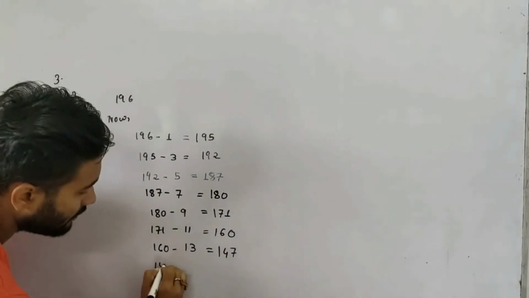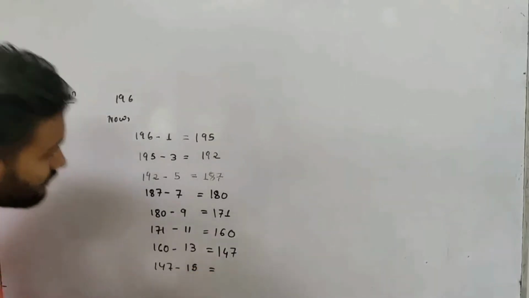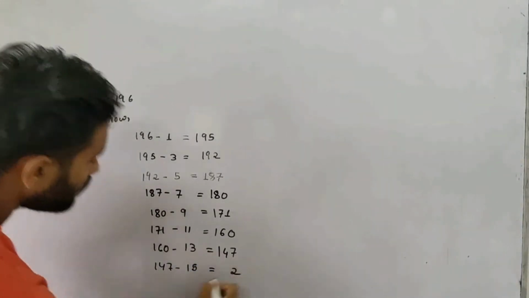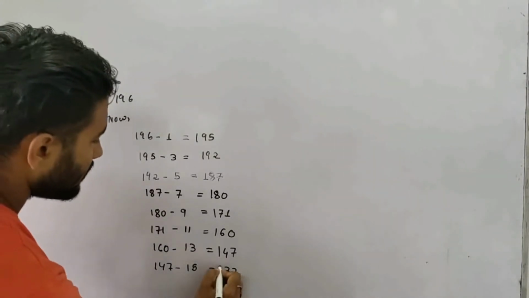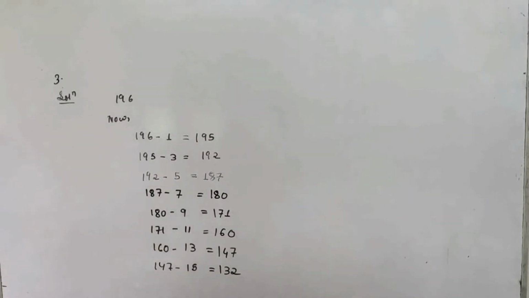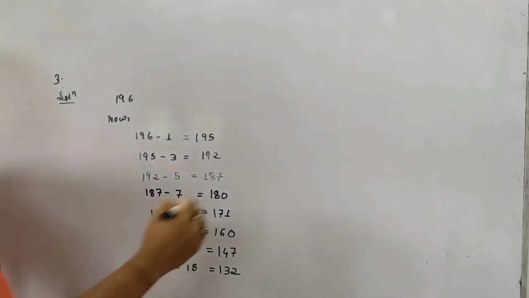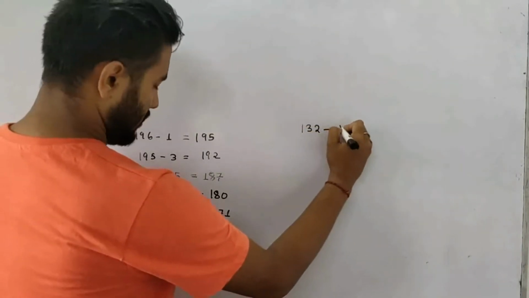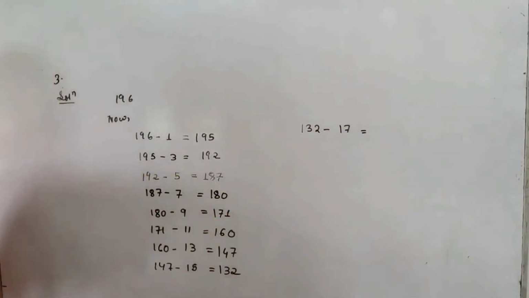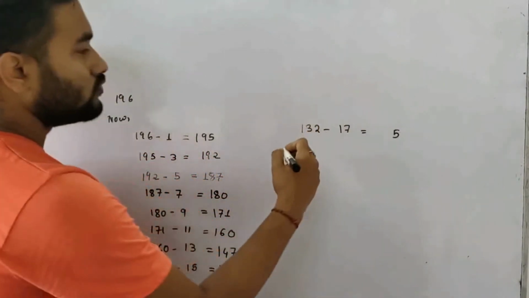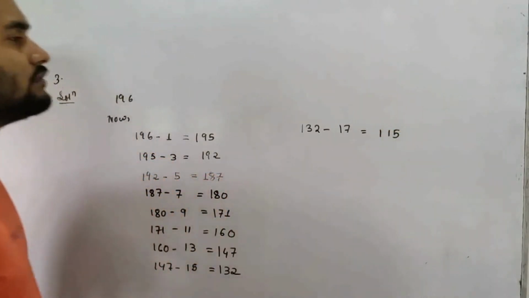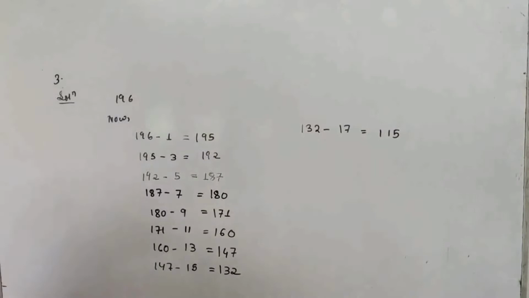Next, 147 minus the next odd number, 15, is 132, isn't it? Keep on subtracting. After 15 the next odd number is 17. So 132 minus 17 is 115.